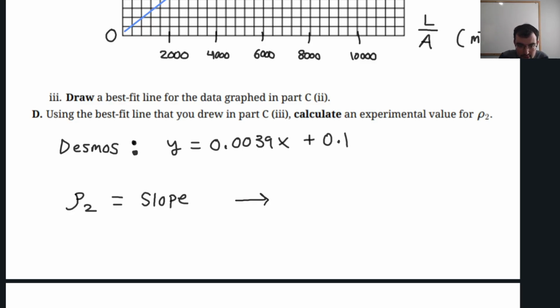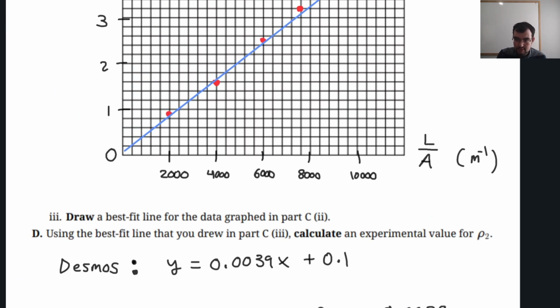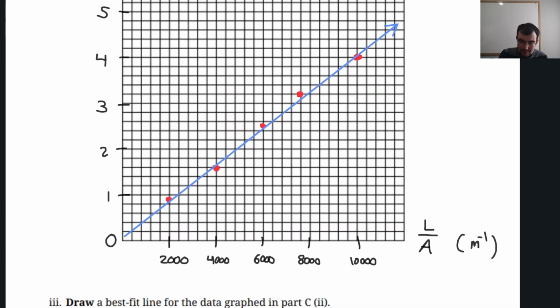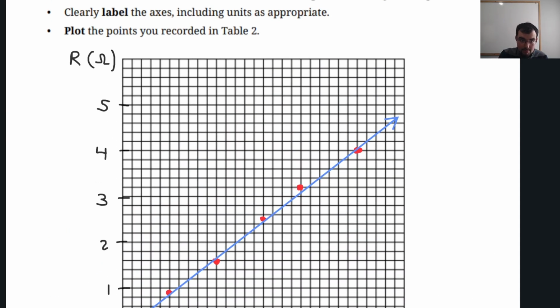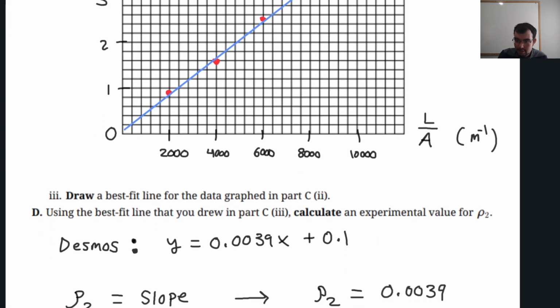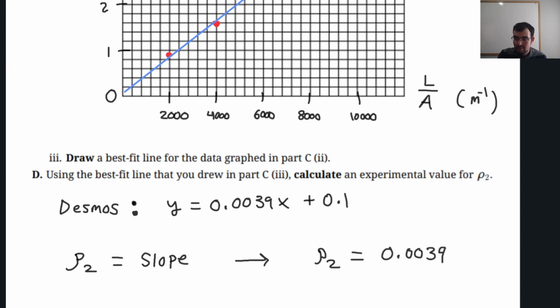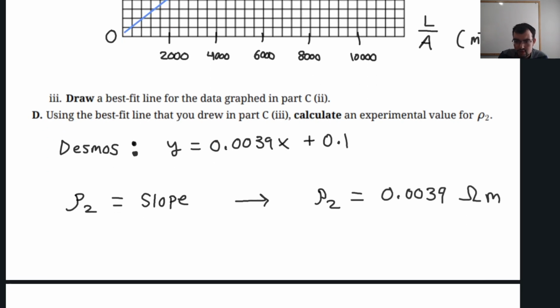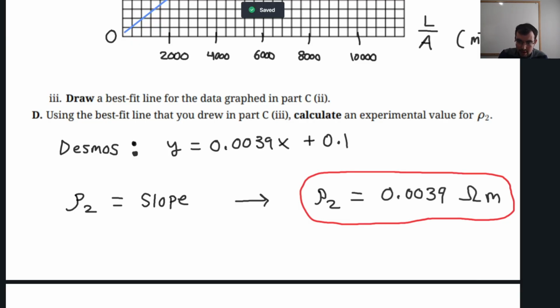So therefore, I just look at the slope in my equation to get rho 2 is equal to 0.0039. And then for units, because this one has one that we might not remember, it's just my slope. So my slope would be in units of ohms divided by 1 per meter, which gives us ohm meters. And this is a reasonable value for resistivity. It varies widely depending on how conductive the material is.